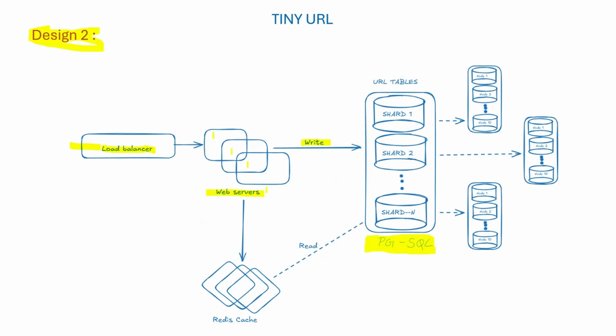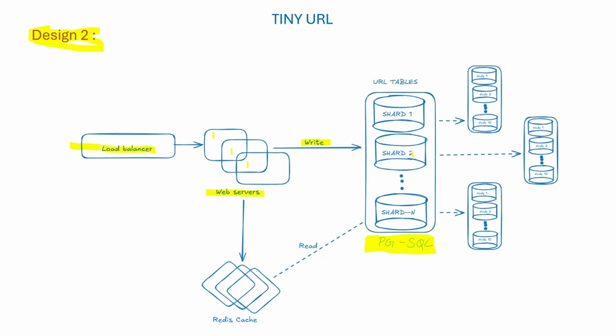Before we discuss design two, let me quickly go through the DB approach we have taken here. Since we'll be having around 60 terabytes of data as per our previous estimates, a single Postgres master node will not be able to take all the load for the number of writes and reads that our system is supposed to scale to.